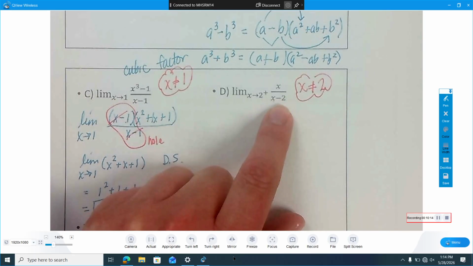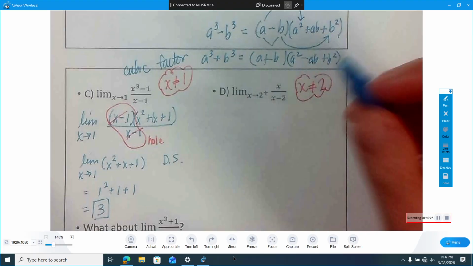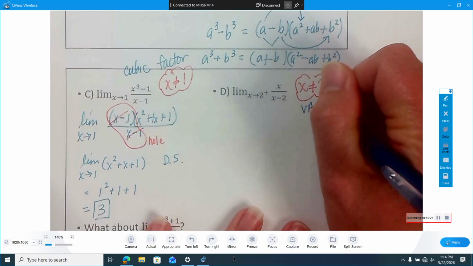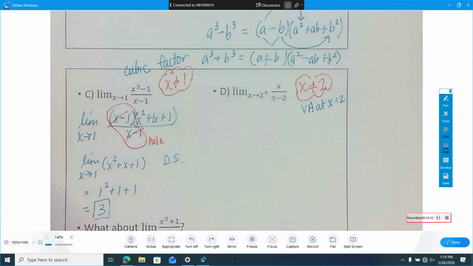It's coming from the right. It has a vertical asymptote at x equals 2. And we only care about the limit coming in from the right-hand side.